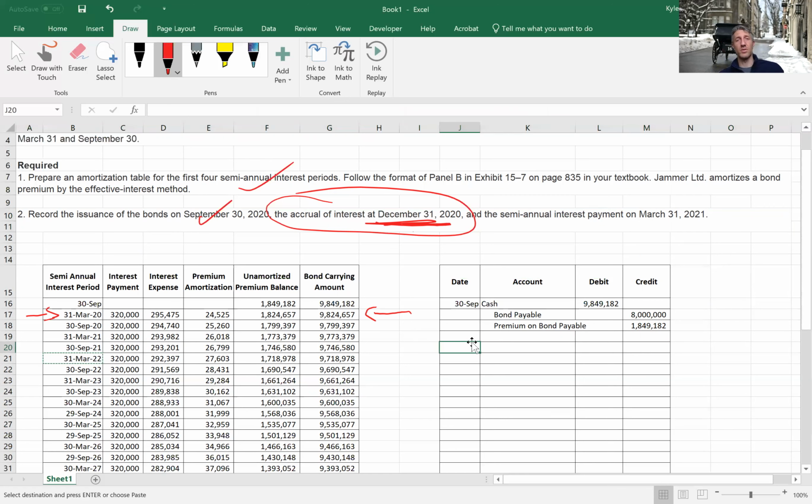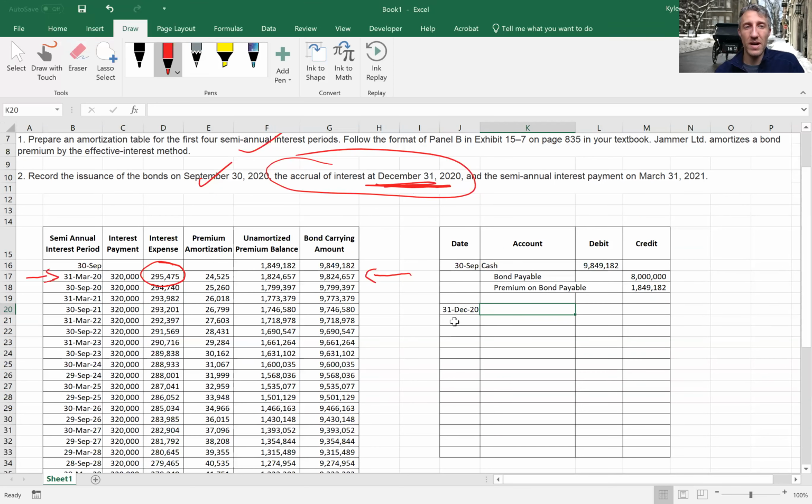So they need to do a journal entry in order to reflect the portion of interest that they incurred from September to December. Remember, this interest expense here of 295,475, that's 6 months worth of interest. However, they incurred 3 months of that as of December.